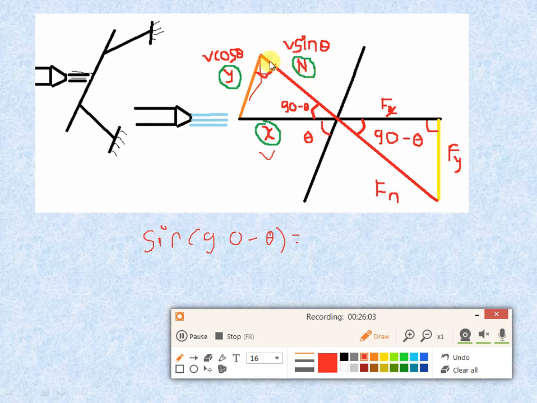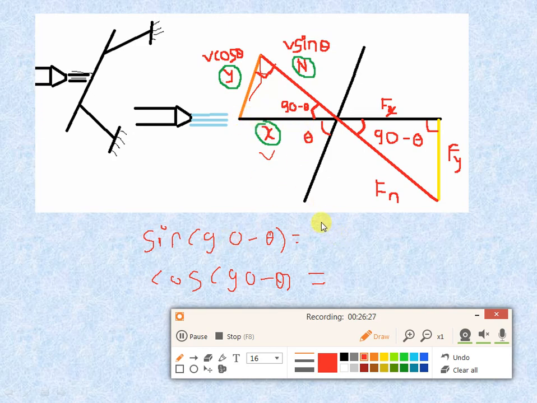Similarly, the normal direction velocity is v sine theta. We can calculate by using sine 90 minus theta and cos 90 minus theta. Sine means front side upon hypotenuse, and the velocity is the hypotenuse.